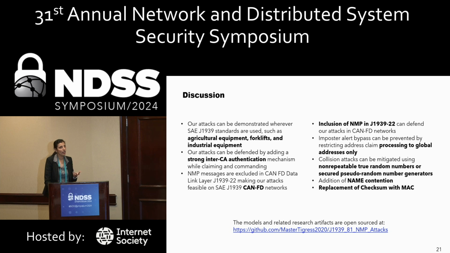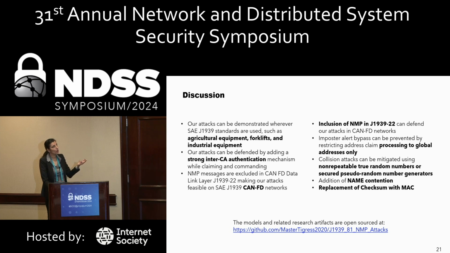The defense against our attacks is to have stronger authentication mechanisms and also process claims only by global address, because in our attacks we were bypassing the SAE J1939 imposture detection and alert message by using destination specific claims, and also using non-repeatable secure random numbers in the controller applications.